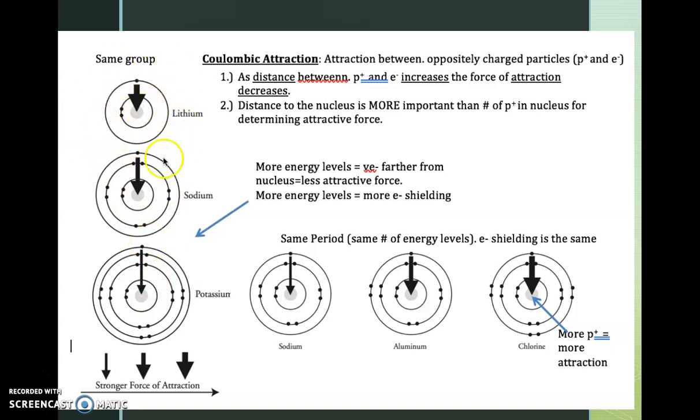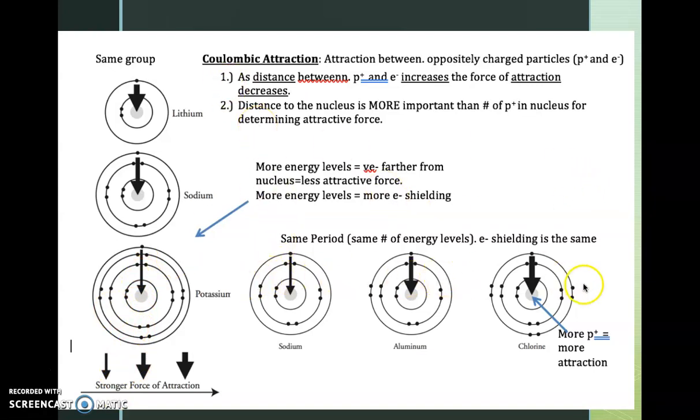So something like lithium at the top of that group 1 is going to have a really strong Coulombic attraction, whereas potassium, only 2 elements below lithium, is going to have a smaller Coulombic attraction, just simply because we have more distance.